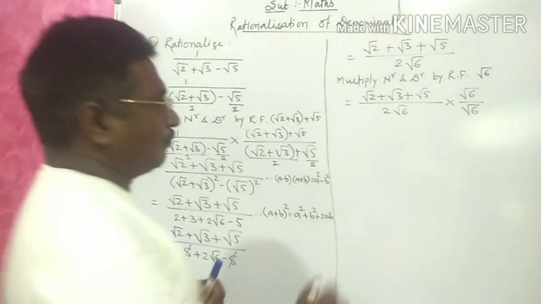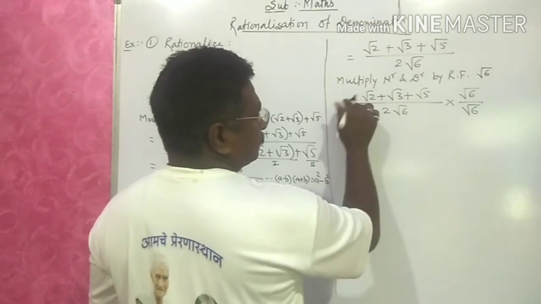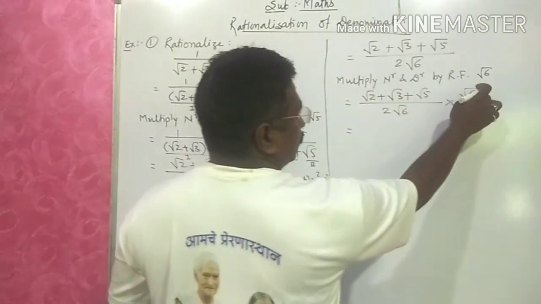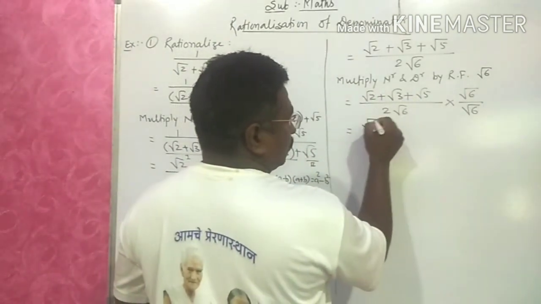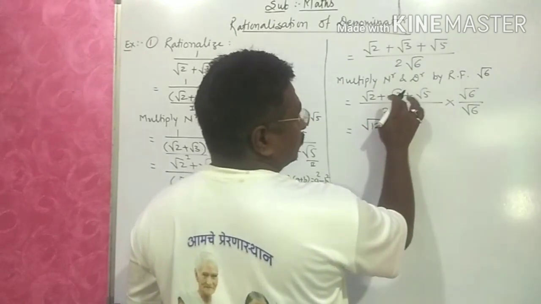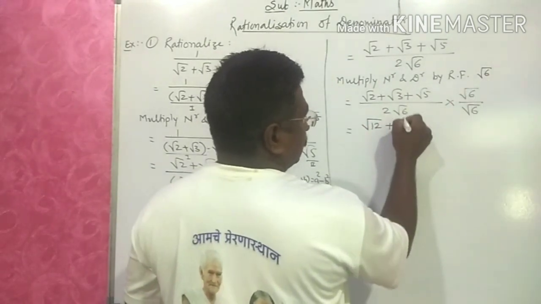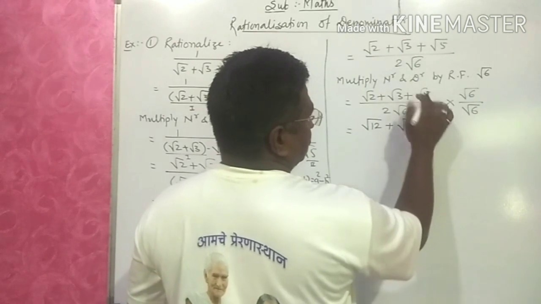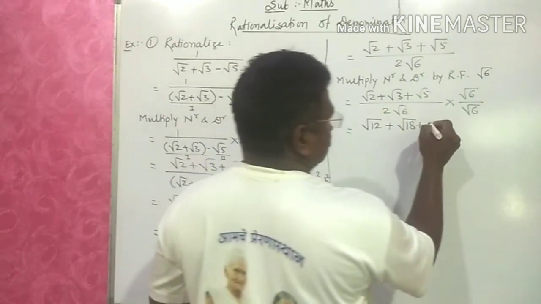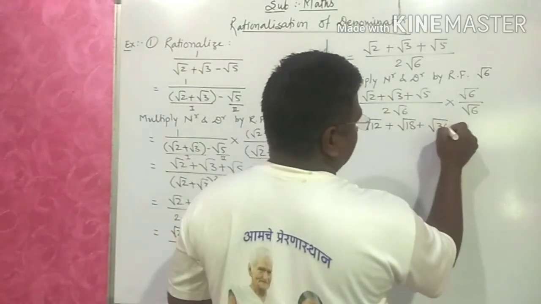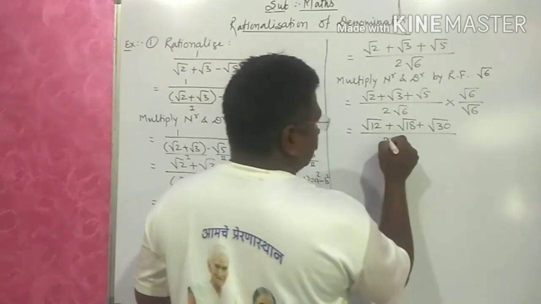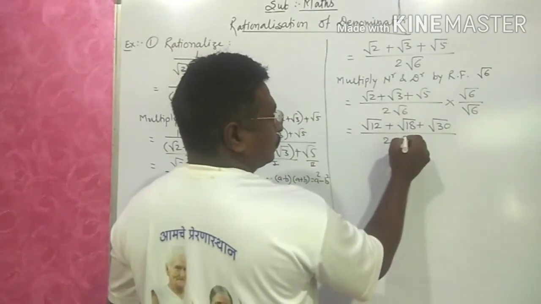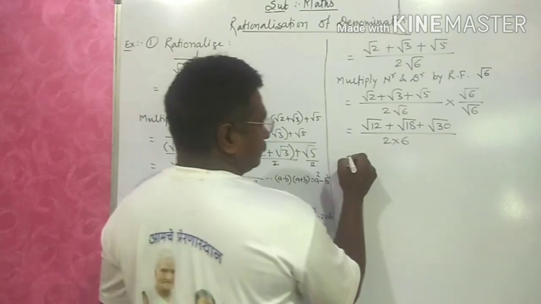Understood, student? Now what will we get? Root 2 into root 6, root 12, plus root 3 into root 6, root 18, plus root 5 into root 6, root 30, by 2 into root 6 into root 6, 6.